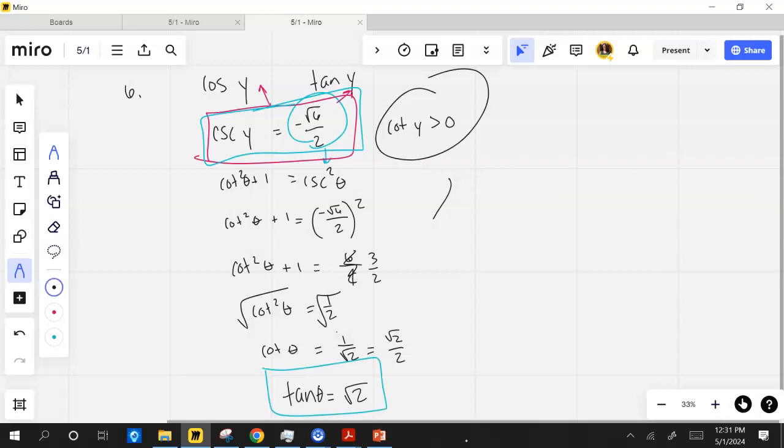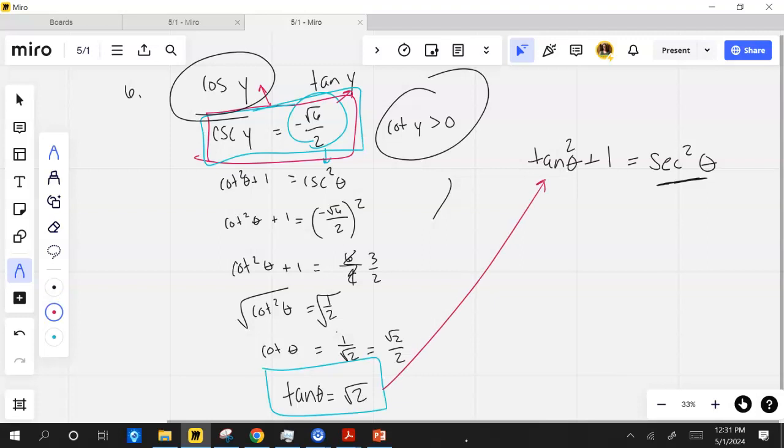So maybe now I go into tan squared plus 1 equals secant squared theta, because I'm looking for cosine, and this is just the flip of cosine. So I'm going to plug in what I know. I got the square root of 2 squared plus 1.